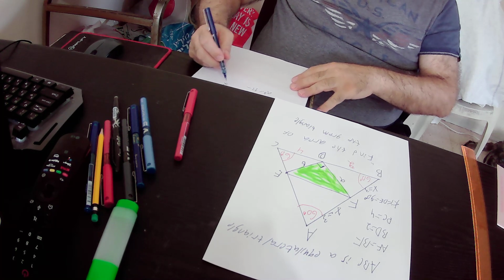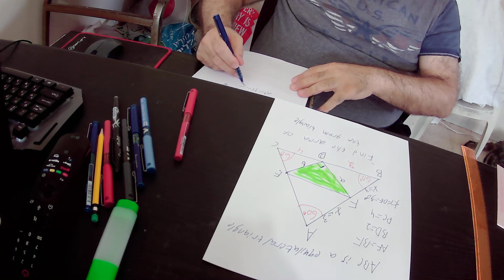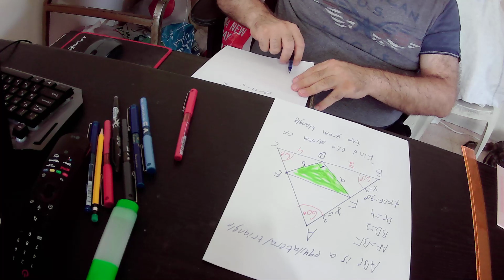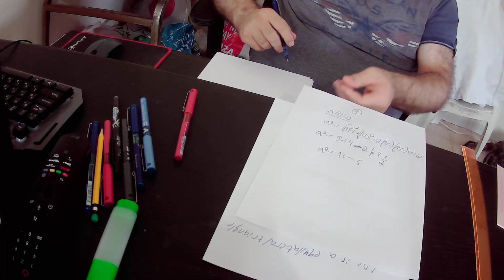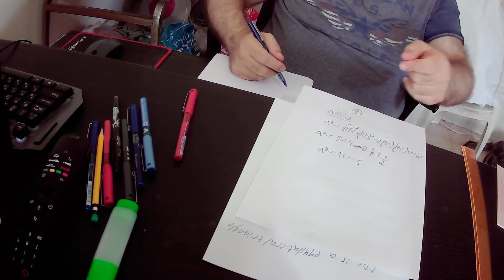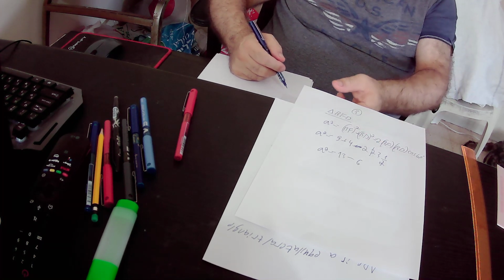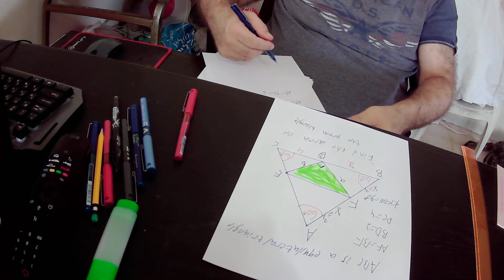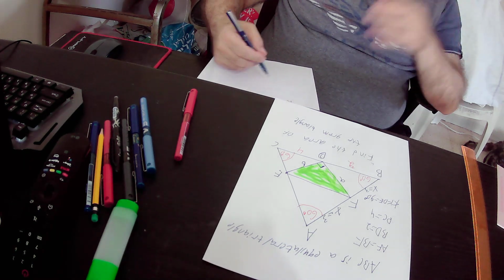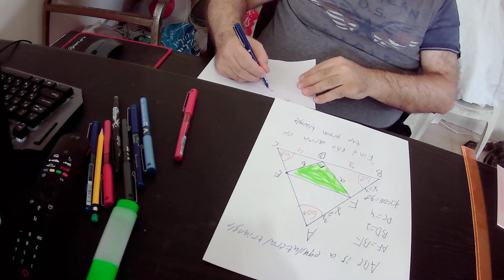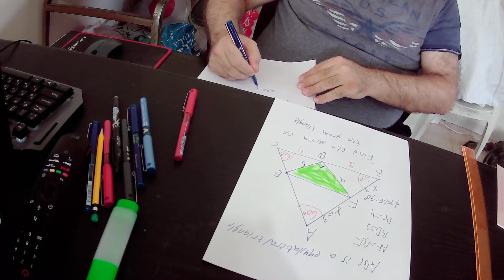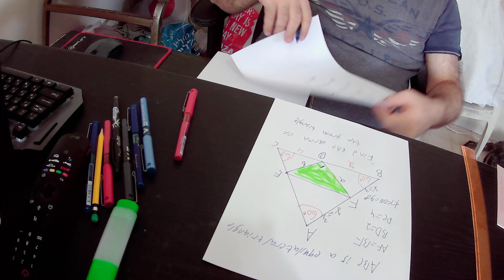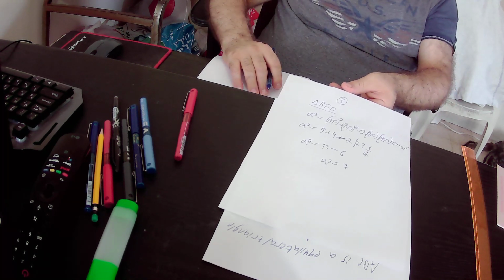2 times 3 is 6, so in total we got that A squared equals 13 minus 6. 13 minus 6 is 7, so we got that A squared equals 7. Okay, we got that A squared equals 7.